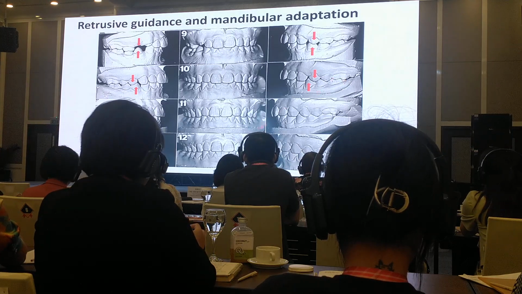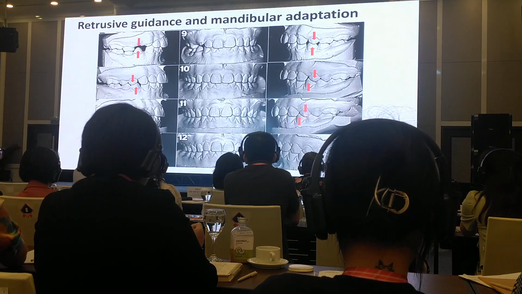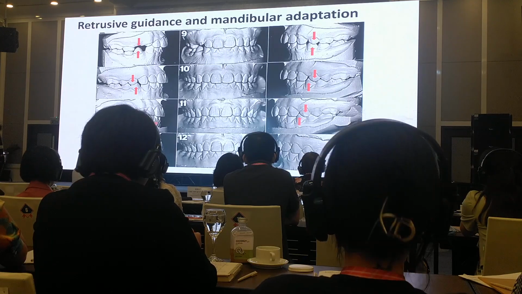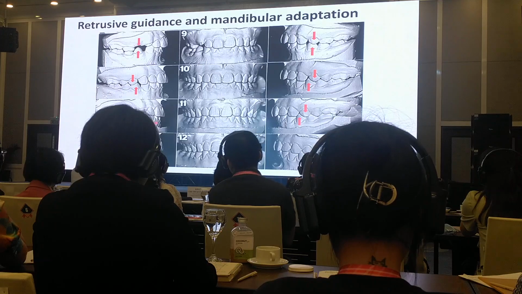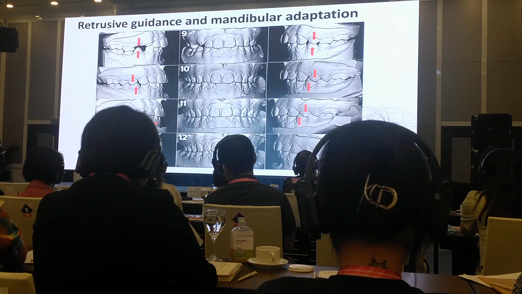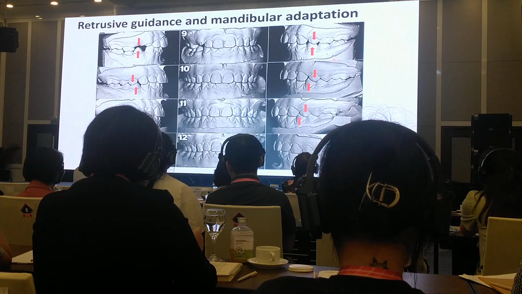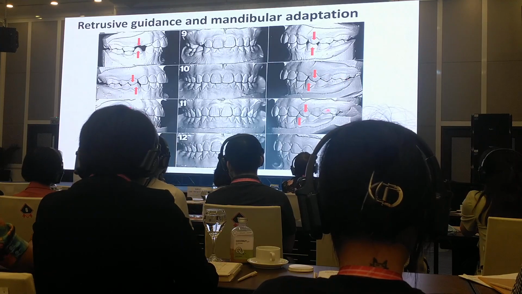And this 11 years old, nearly perfect class 1 interdigitation. Once again, this is not a tooth movement. It is mandibular adaptation for continuous molar vertical dimension increase and molar eruption.